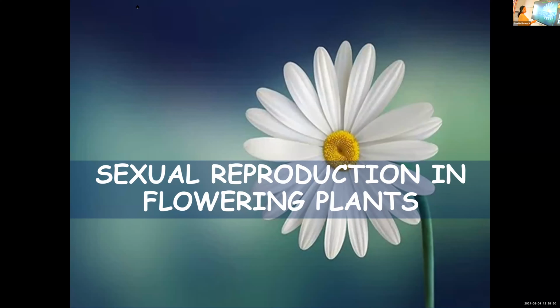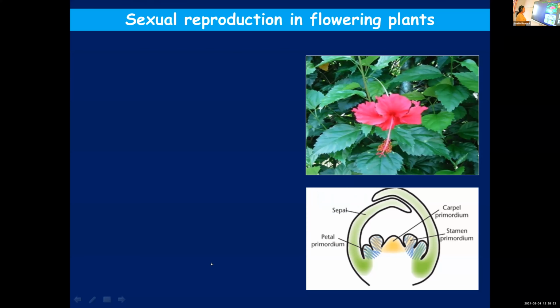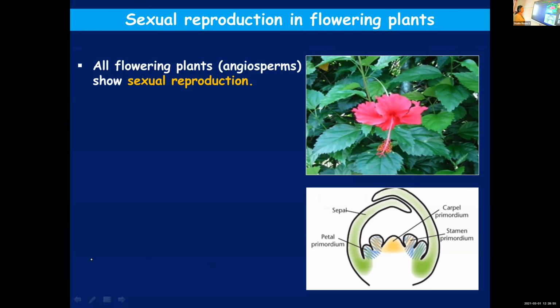Sexual reproduction in flowering plants, chapter 2. All flowering plants, we call them angiosperms. You know, there are angiosperms and gymnosperms, and angiosperms are flowering plants. All these flowering plants show sexual reproduction because the flower is the site of sexual reproduction. The other parts we can call vegetative parts, but this is the reproductive part.